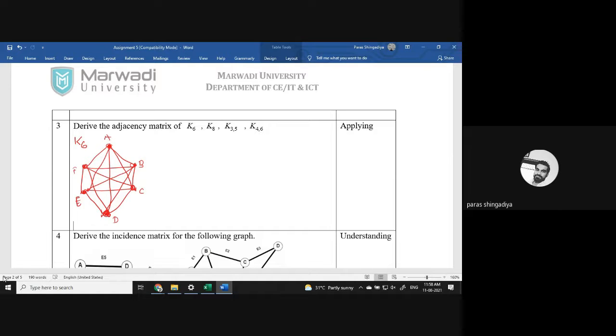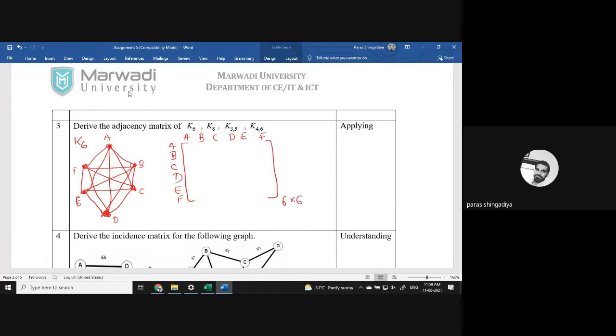Okay? Now let's create its matrix. 6 vertices are there, so it will be a 6 by 6 matrix. Clear? That is vertices A, B, C, D, E, and F: 6 rows and 6 columns. And as we know, every vertex is connected to all the rest.